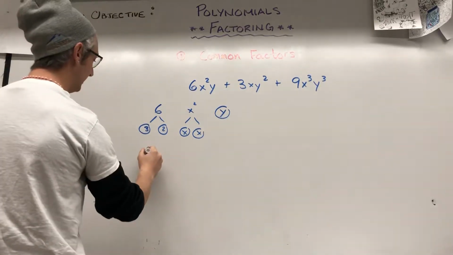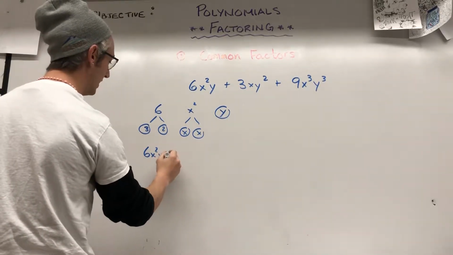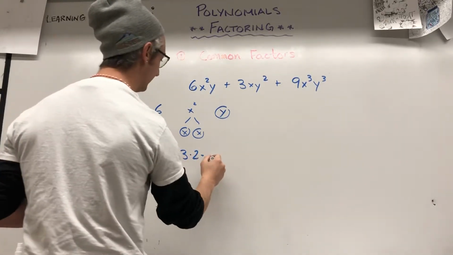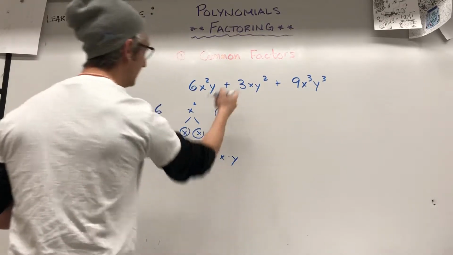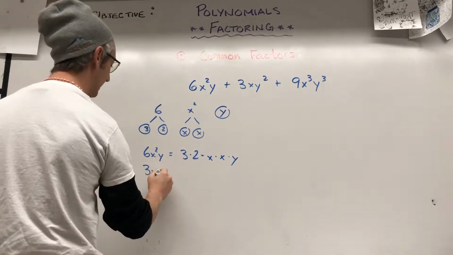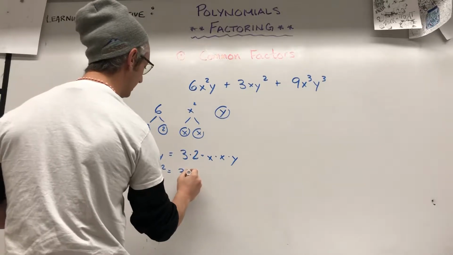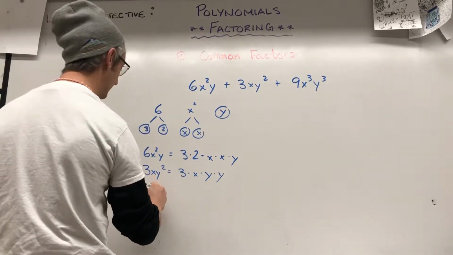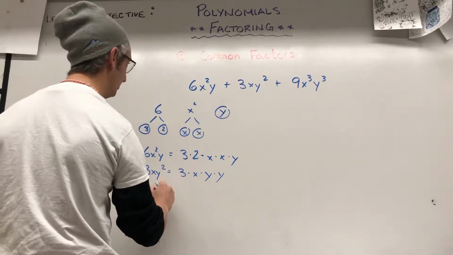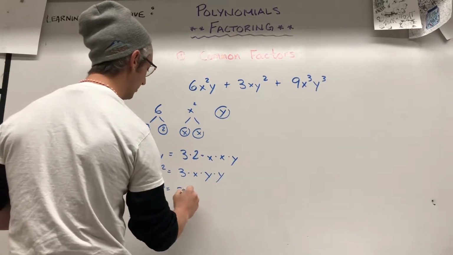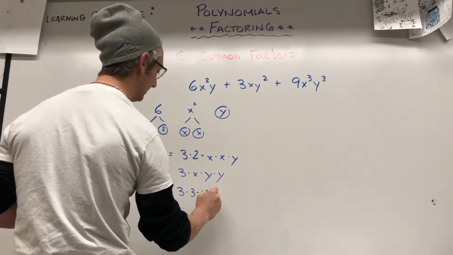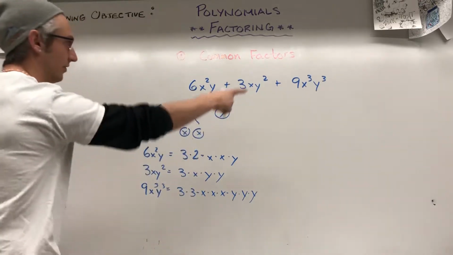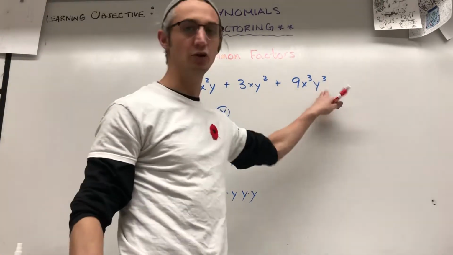So 6x squared y would be 3 times 2 times x times x times y. 3xy squared would factor down to 3 times x times y times y, and then 9x cubed y cubed would break down into 3 times 3 times x times x times x times y times y times y. 3 y's for the y cubed.